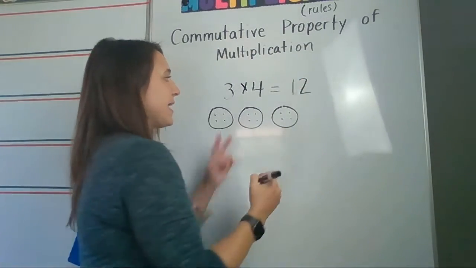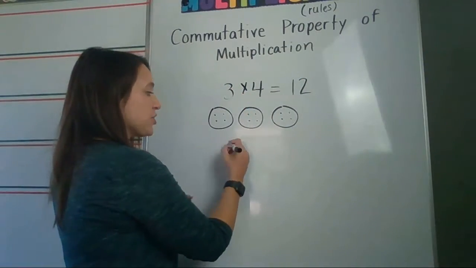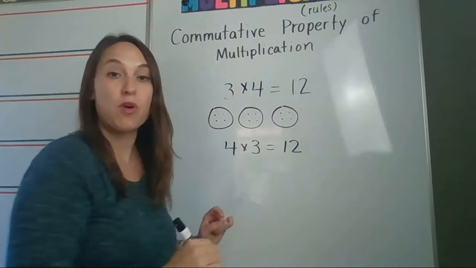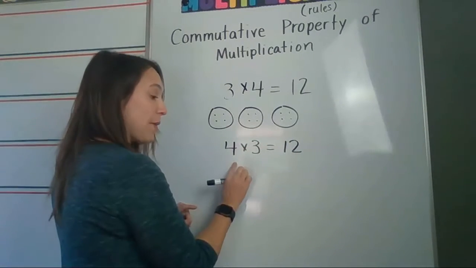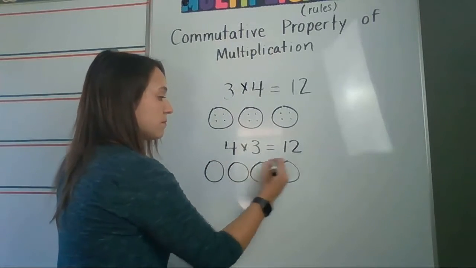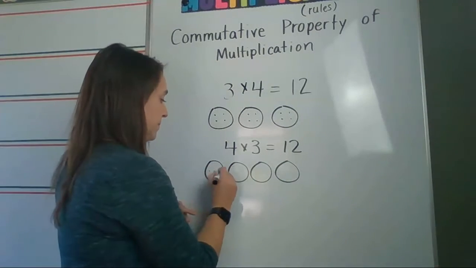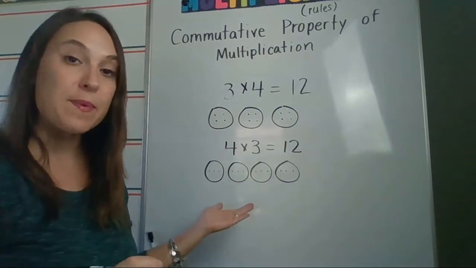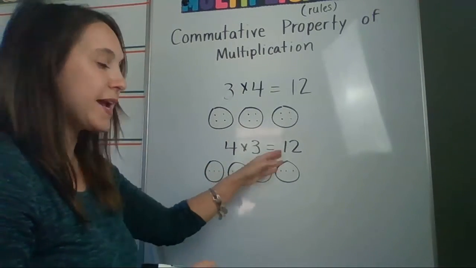12. Now the commutative property states that I would just switch the order of the factors and I would still get the product of 12. So let's try that again. Now I have 4 groups of 3. My 4 groups, I put 3 in each. If I were to skip count that, 3, 6, 9, and 12.